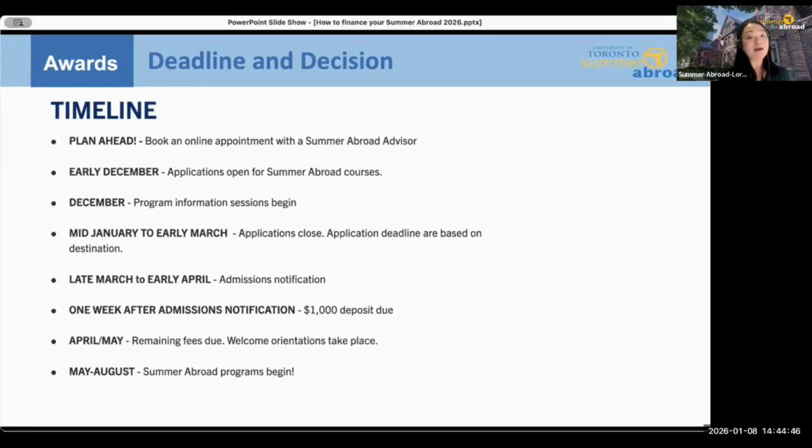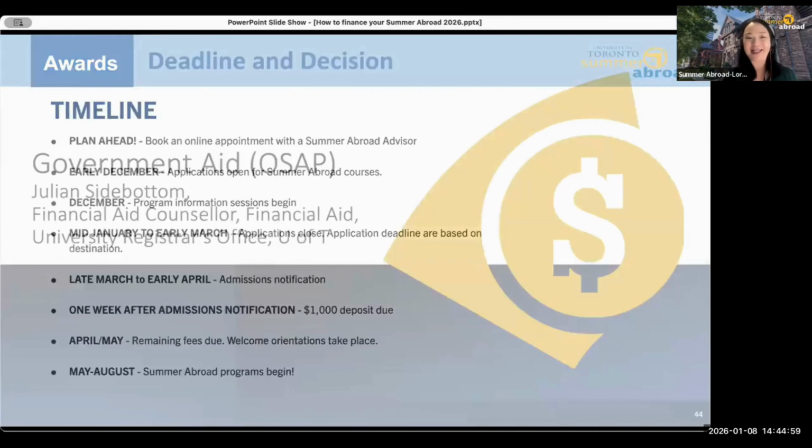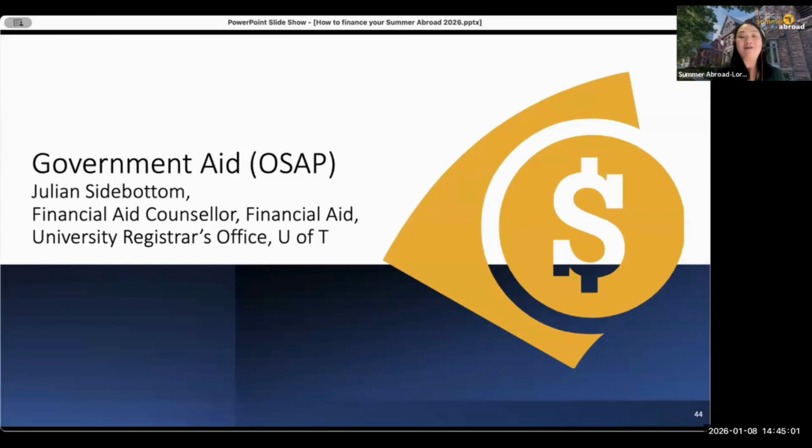Admission decisions will go out, and then within 1 week of your admission notification, you will be asked to put in a $1,000 deposit to lock in your space, and then remaining fees, and then the pre-departure outline right after that.